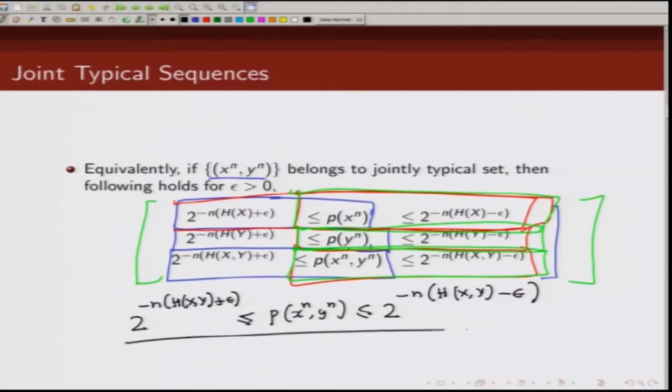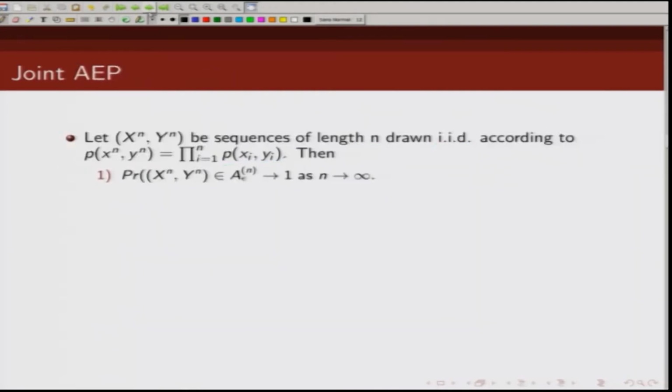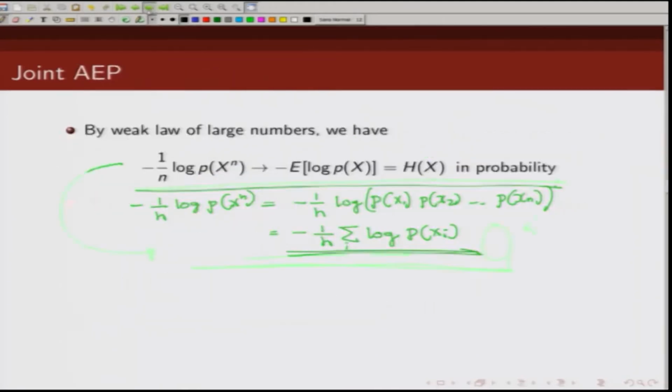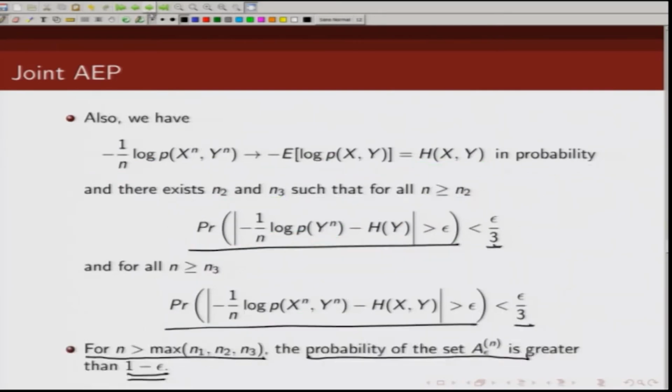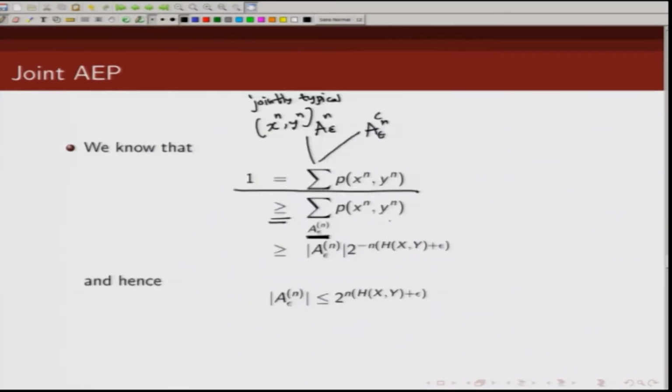Okay. So, using this relation, if we plug in the value of P of x^n y^n here, we know that this is greater than or equal to 2 raised to the power minus n(H(X,Y) plus epsilon), and so we are replacing this by a smaller quantity.